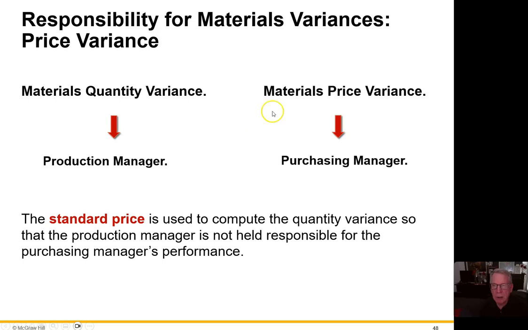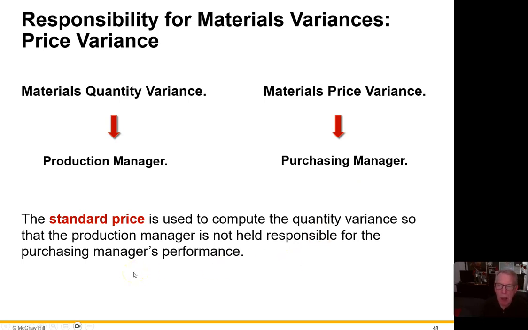Now, having said that, sometimes the production manager will have a poor quantity variance because the materials that were purchased for him or her didn't have the level of anticipated quality in those products. But that's another story. For this slide, we want to say that material quantity variance is the production manager, materials price variance is the purchasing manager.